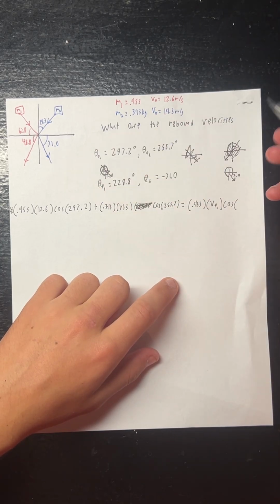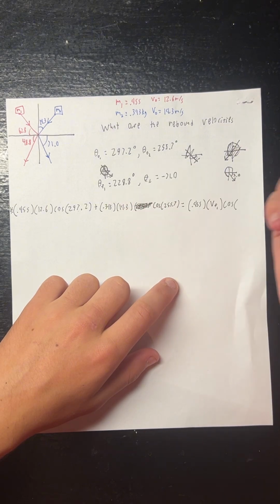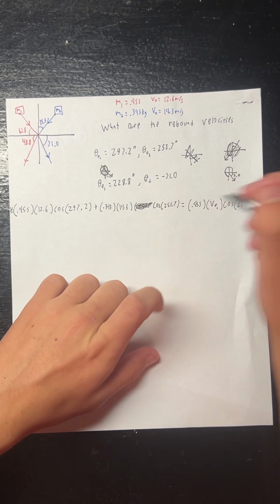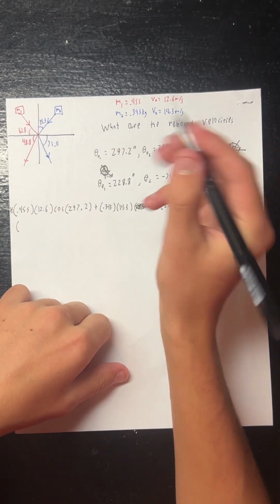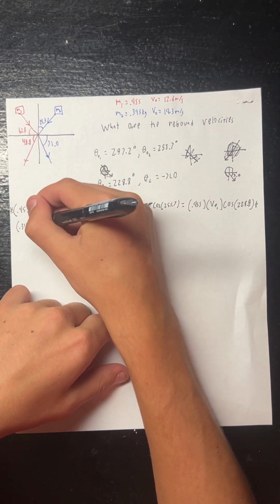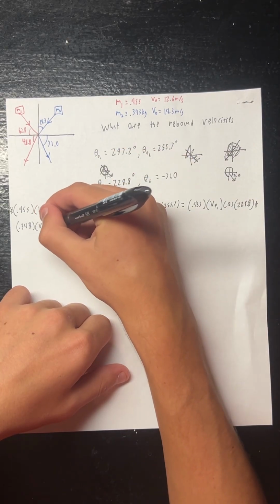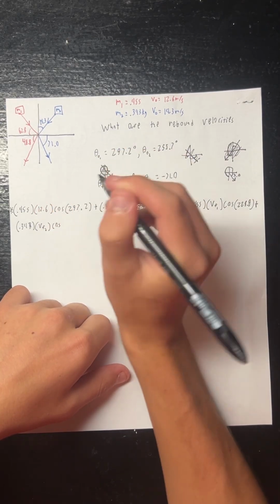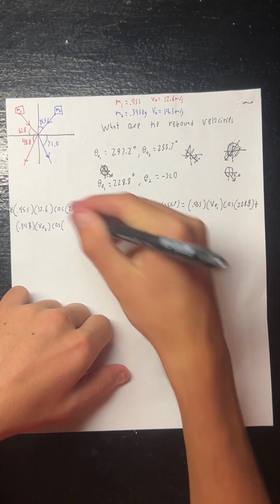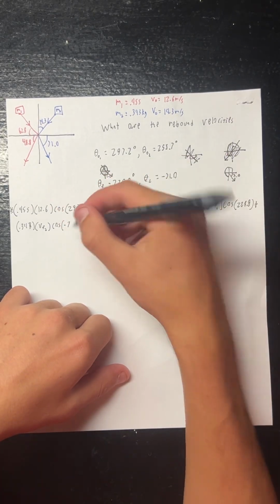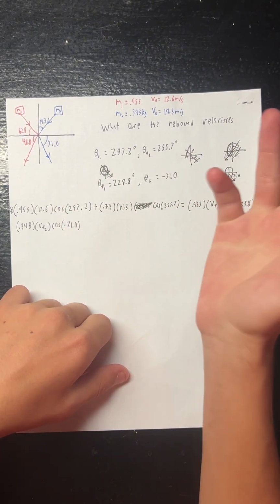What's the rebound for the first one? Well, theta final is 228.8, plus 0.343, which is m2, times vf2 cosine of our theta 2 that we found, negative 71.0, or 289, whichever one.